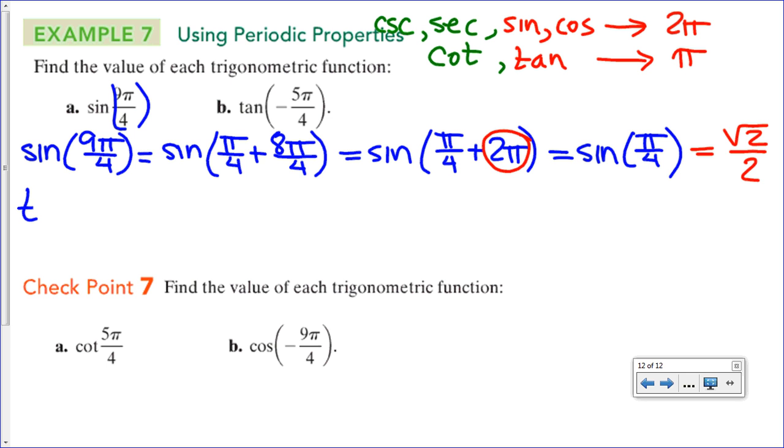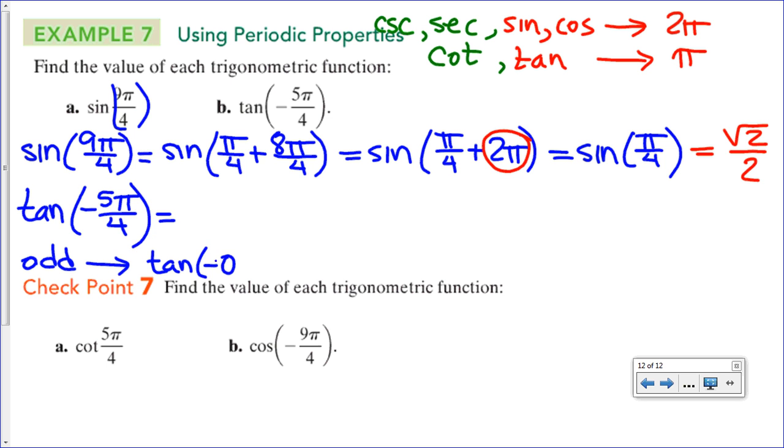So we have tangent of negative 5 pi over 4. Now here, let's go ahead and use odd functions first. To refresh your mind quickly, odd means that the tangent of a negative angle will be the same as the opposite of the tangent of the same angle, correct?